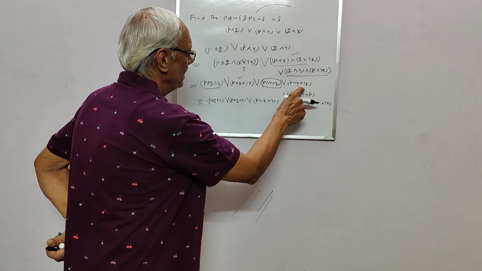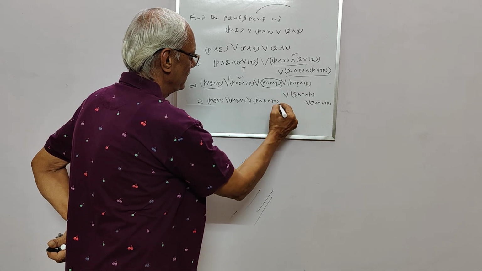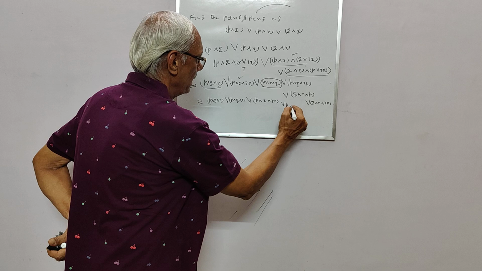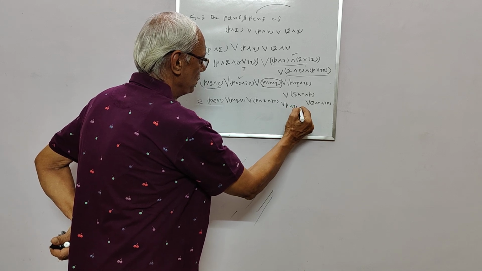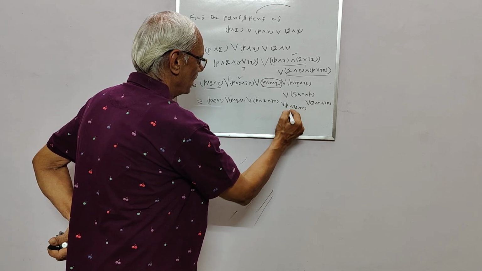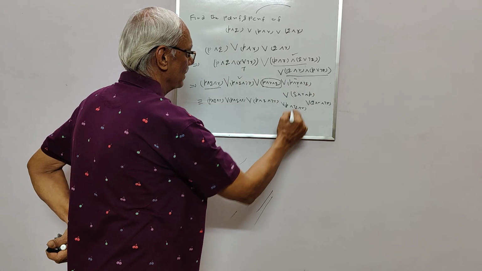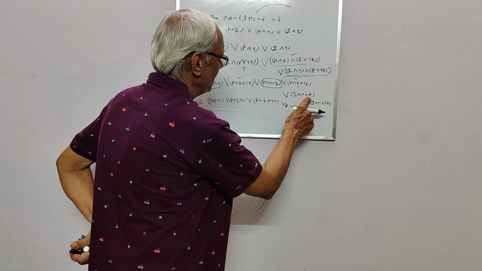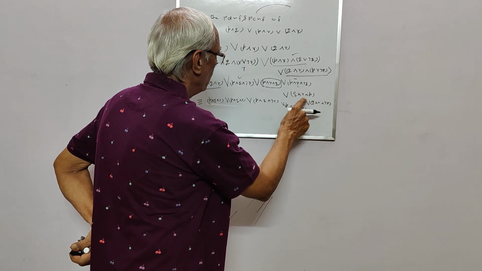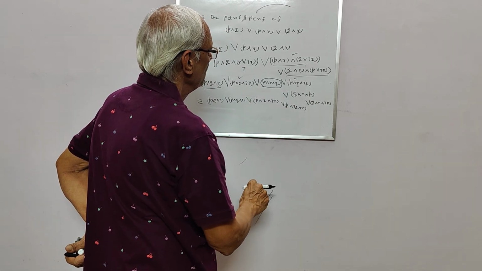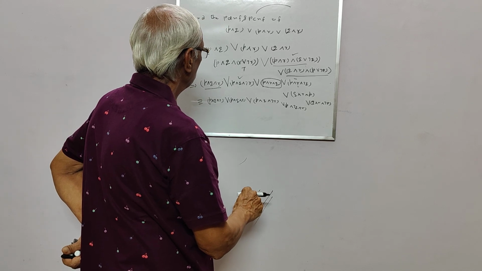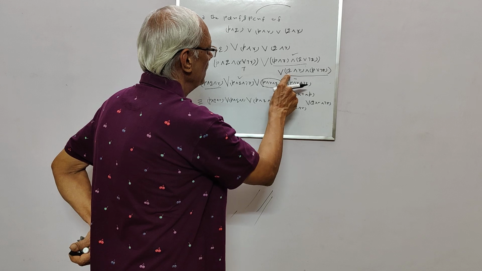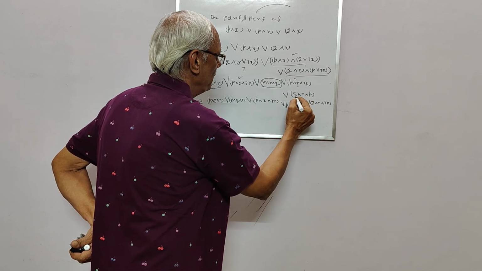Come to this. This is P conjunction negation Q conjunction negation of R. So this I have written here. Then what else do you have here? Then this is PQR. Here PQR, here one more coming. Here also you have got another PQR coming.